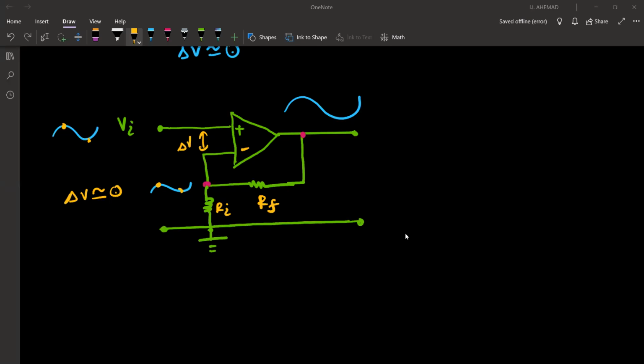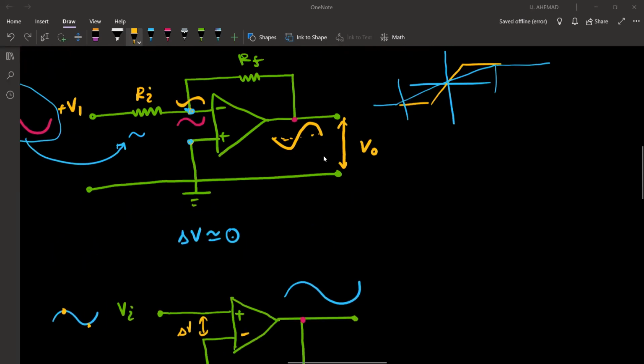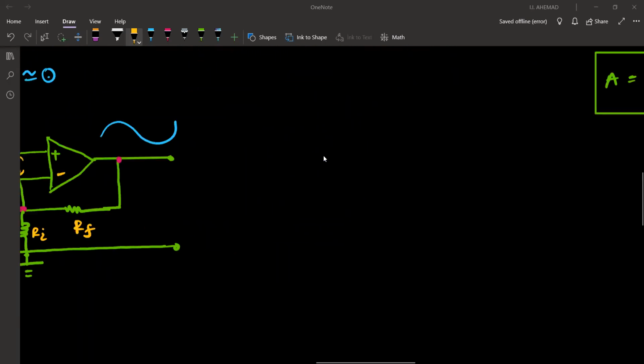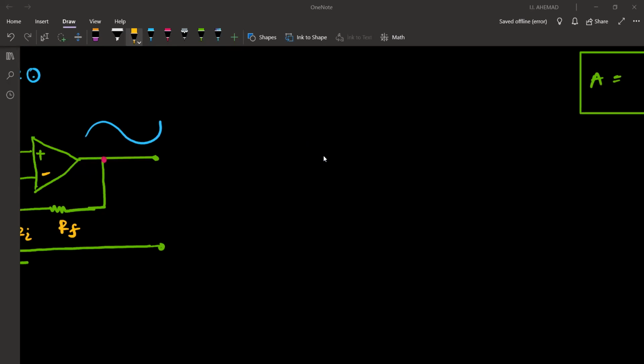And in addition to that, how does the current flow in an operational amplifier? Let's think about the open loop.